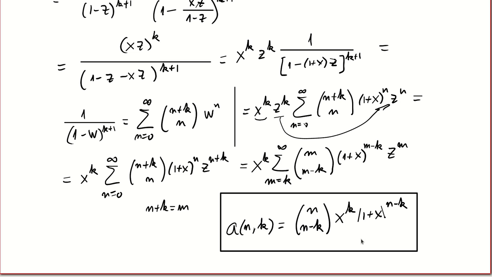Of course, you can use the duality of the binomial coefficients to write this in a better way, like this: n over k, which is probably much cleaner or much nicer to write down.